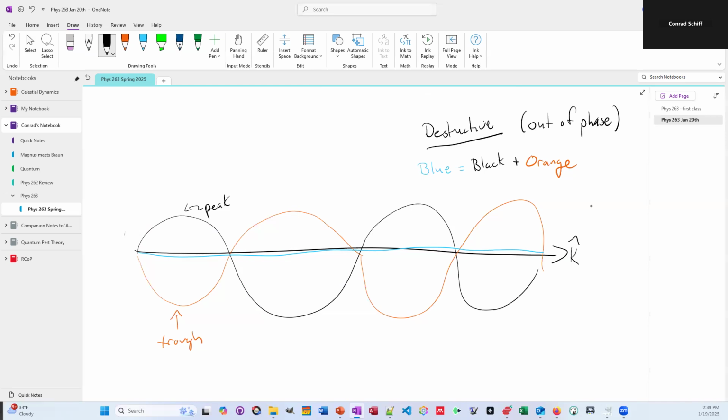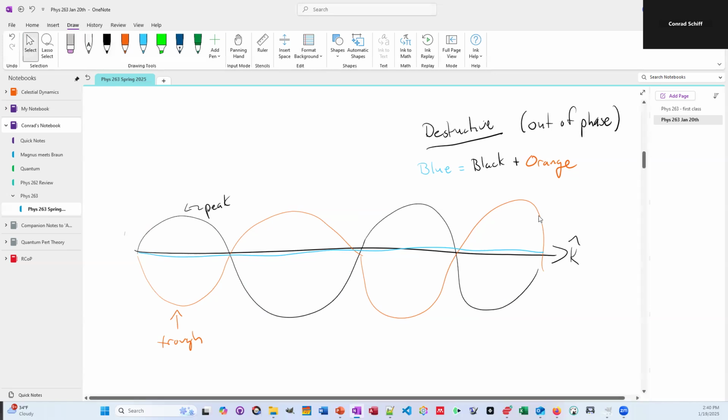So we're going to be talking about exactly how we create interference, either constructive or destructive, between waves, and the particular ways in which we handle the situation when the waves are not exactly 100% constructively or destructively interfering.